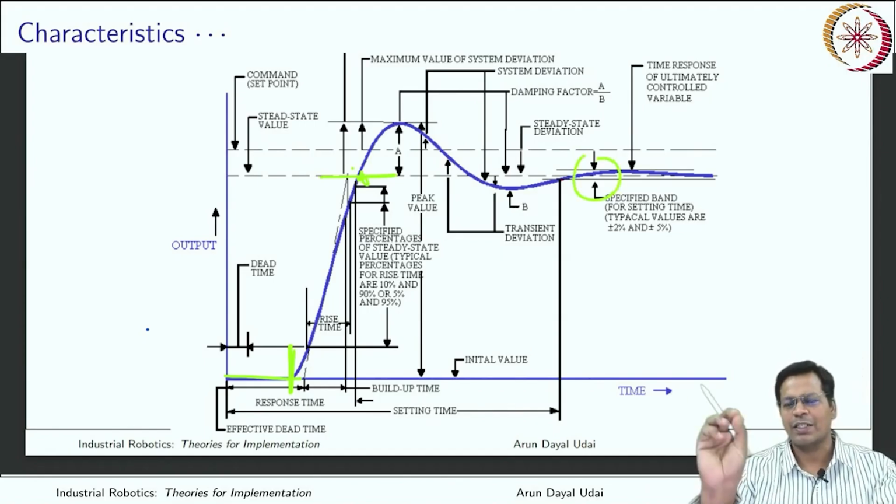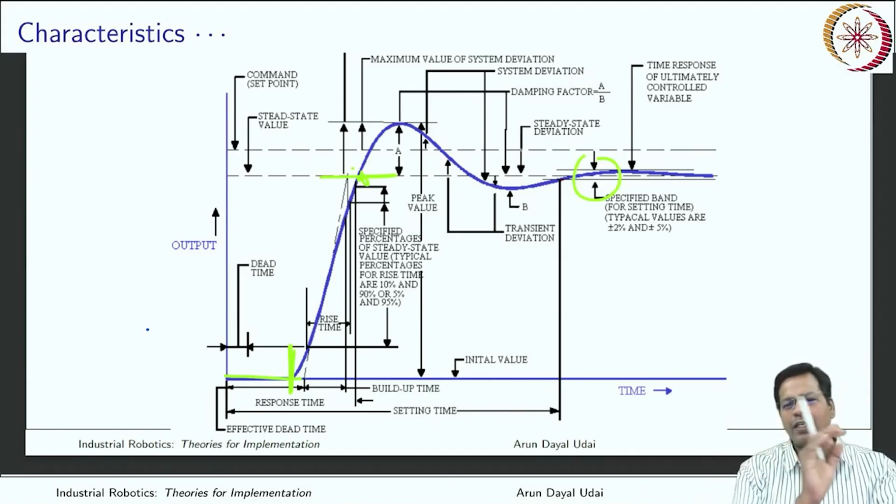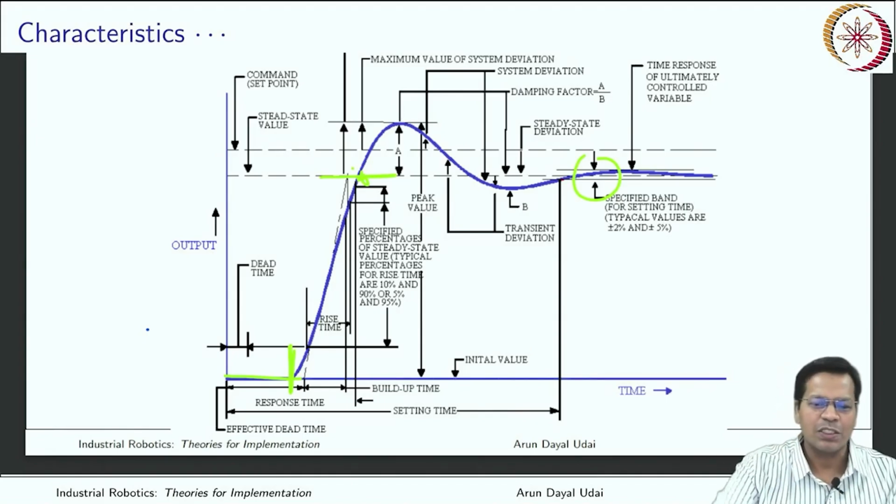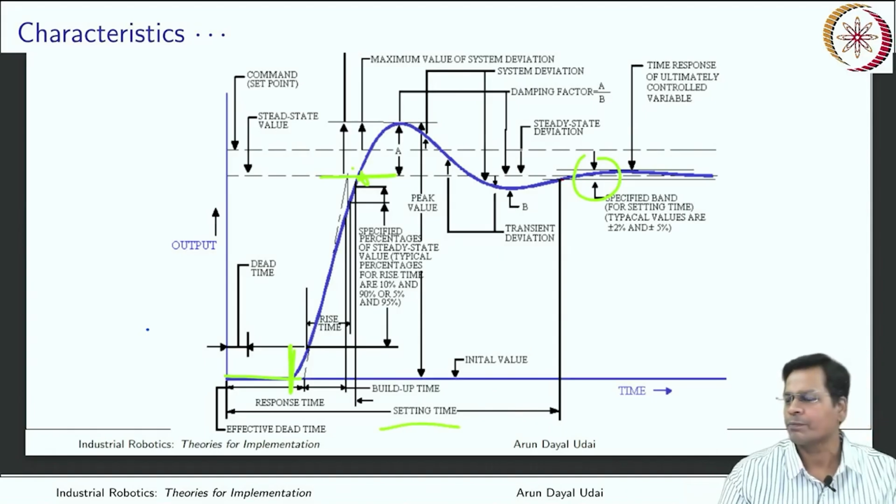That is the region where it has almost reached the actual value input from your environment. There is not more than 2% to 5% deviation in that region. The amount of time is your settling time.